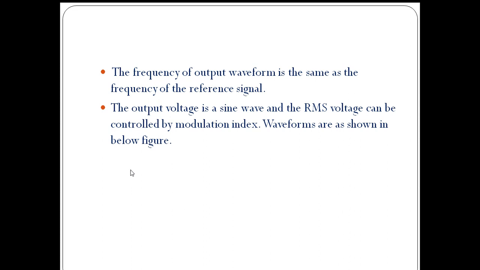And in this class, we have mainly discussed different pulse width modulation techniques: single pulse width modulation, multiple pulse width modulation, and sinusoidal pulse width modulation. So these things we have discussed, and now we are going to discuss the applications of inverters.